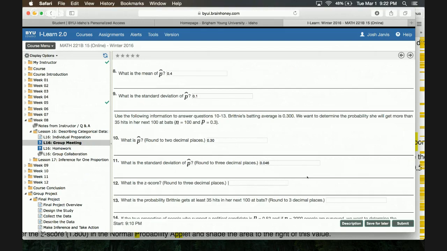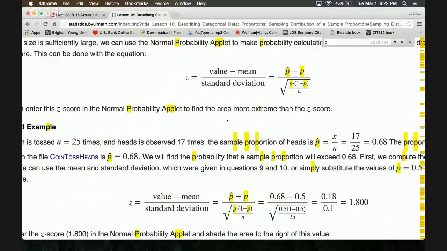Yeah, but on number 12, you're just taking the 35 hits into 100. It's 35%, so it's 0.35, right? Yeah, that's what we're doing. But wouldn't it be 0.3 minus 0.35?